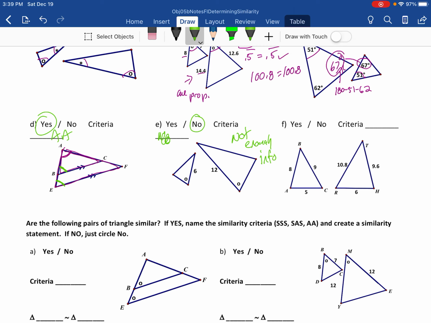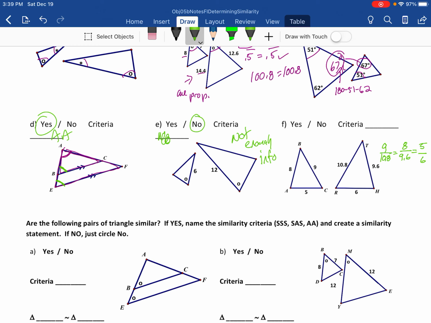My very last one, I'm looking at this, I have no angles, all I have are sides, so now I have to figure out if the ratios of the sides are proportionate. I do my largest side, 9, over the largest side of my other one, 10.8. Is that equal to 8, my medium side, over my medium side, 9.6, which should be equal to 5 over my smallest side, which is 6?